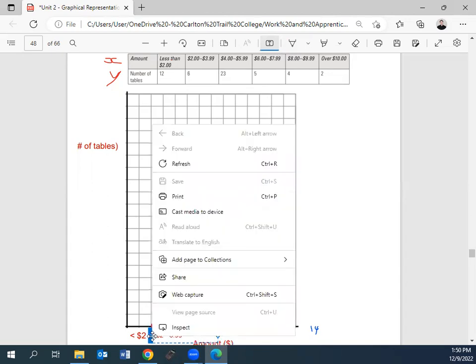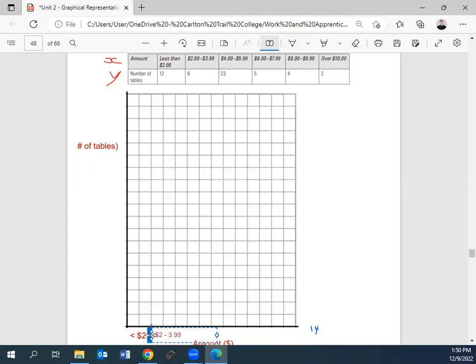Sorry, I can't make it any bigger than that, so I do apologize. So then the next two lines are going to be between 2 and 399. And then the next two lines, so I'm just kind of spacing those out, right? Is going to be between 4 and 599.